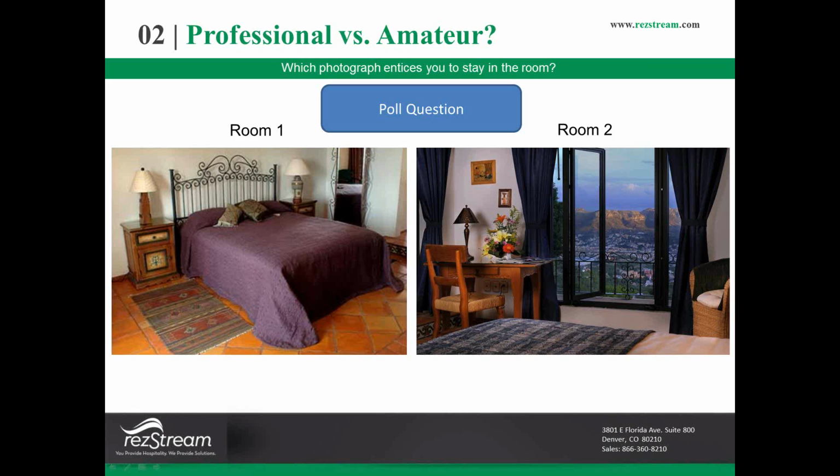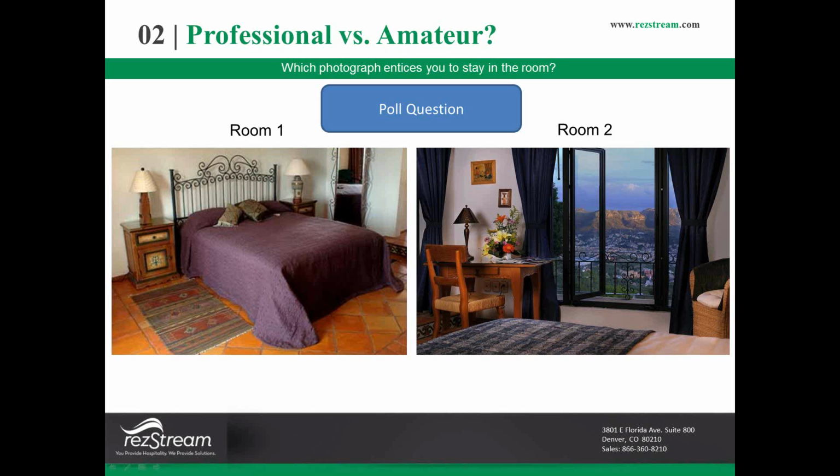We staged the room a little bit, made sure the bed was nicely folded, had some decorations on the desk, magazines, flowers, very simple staging. But then what we captured was the sunset and the view, very enticing. That's the experience this client was trying to portray, but they just did not do that with their current photography. So we were able to do that.